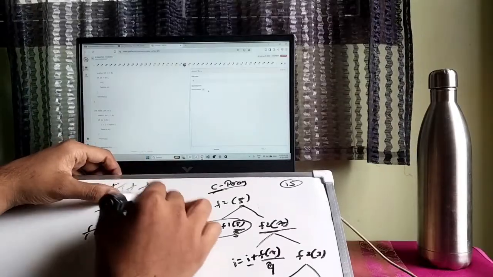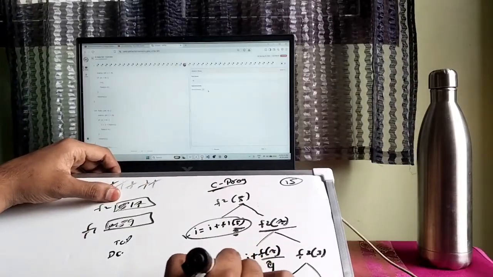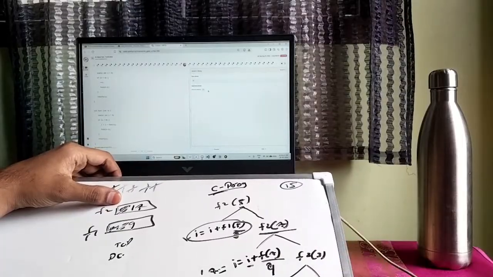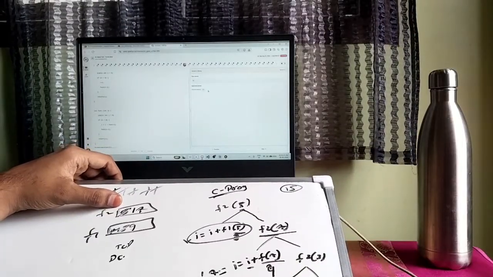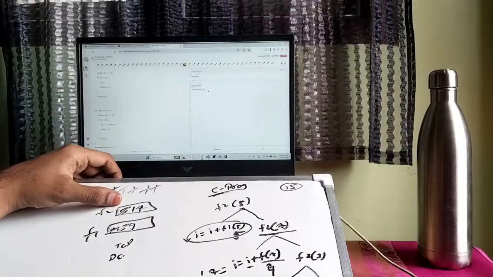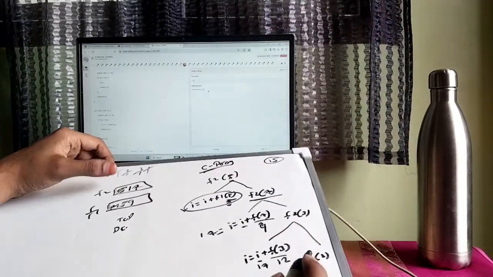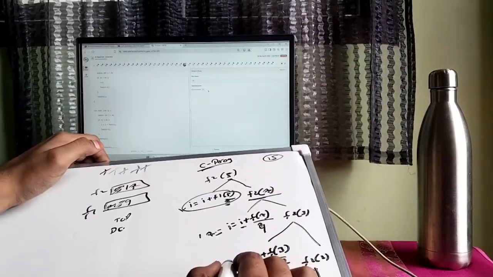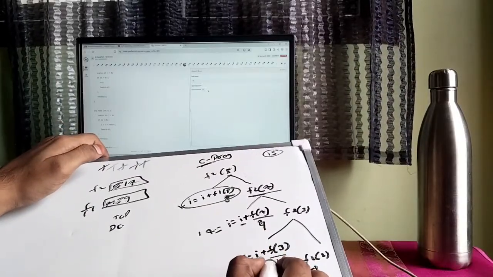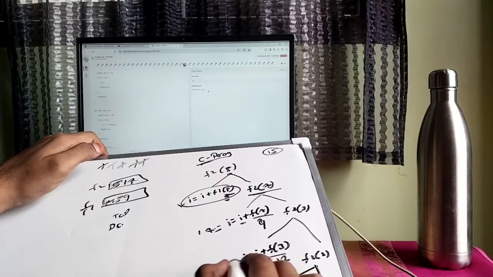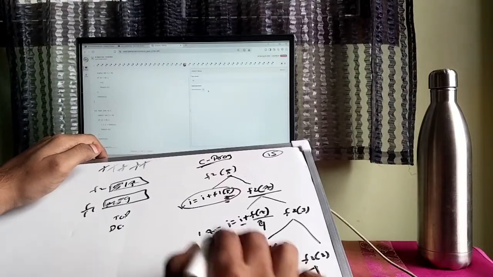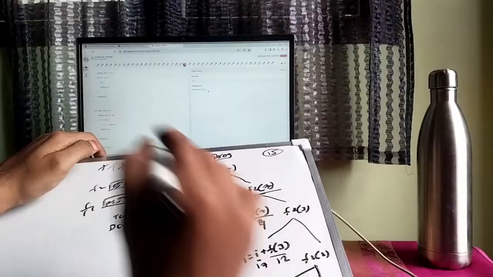It becomes 14. Then this will become 9 plus 3, 12. Here I is 14, so it becomes 26.